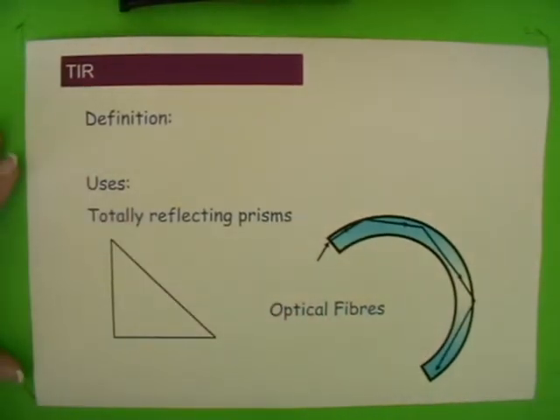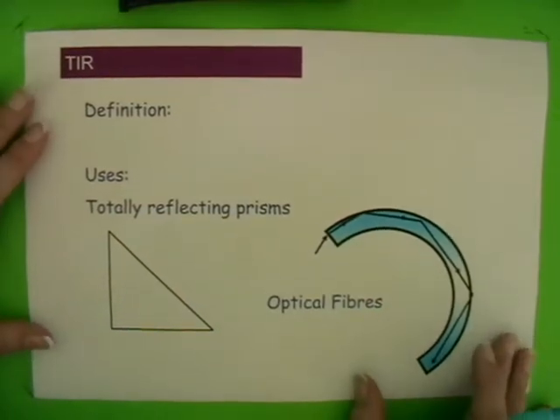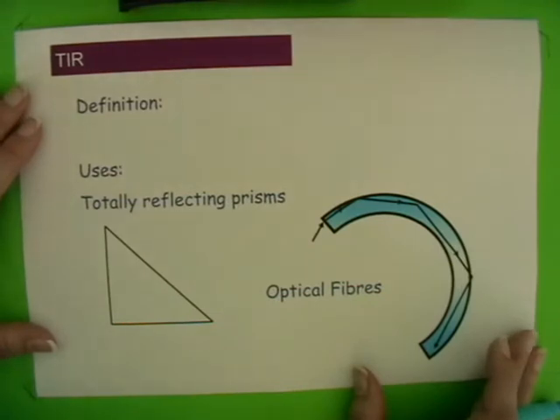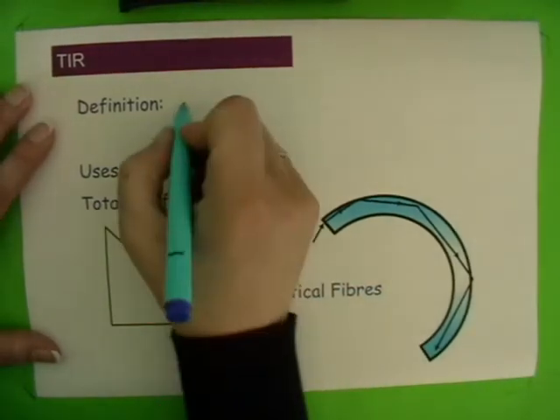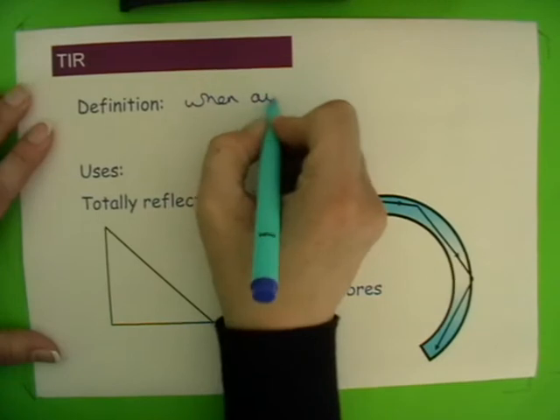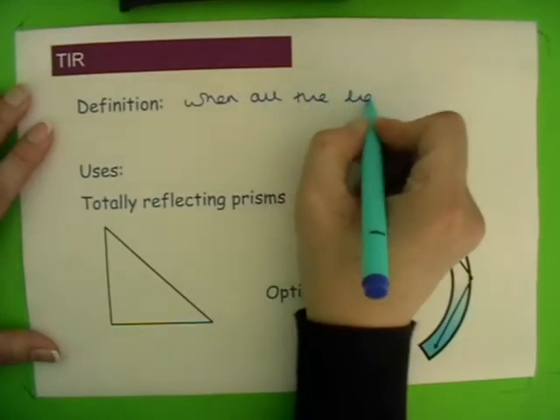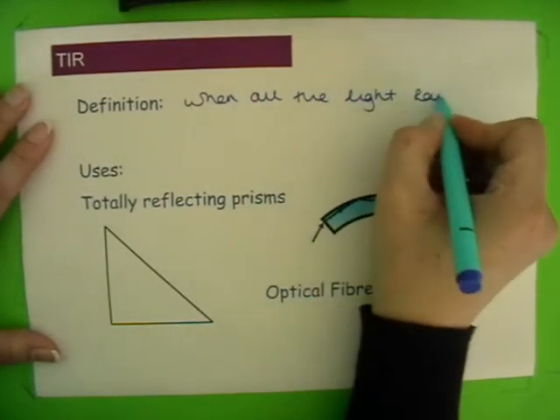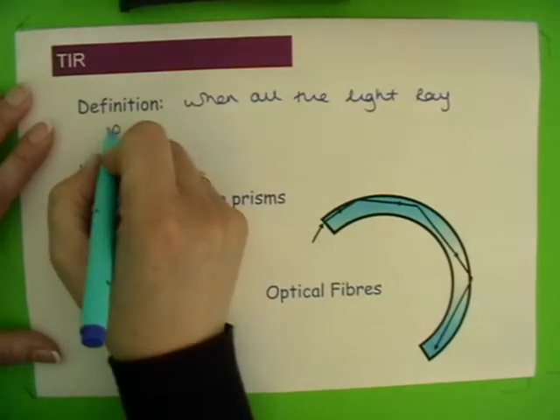So, total internal reflection then. For a definition of it then, total internal reflection is when all the light ray is reflected at the boundary.